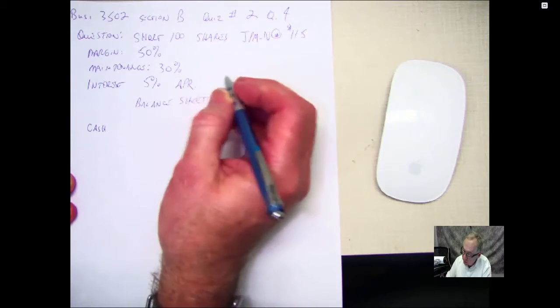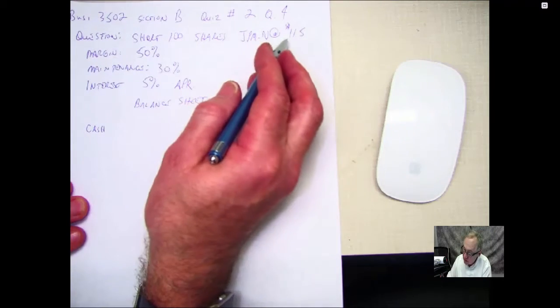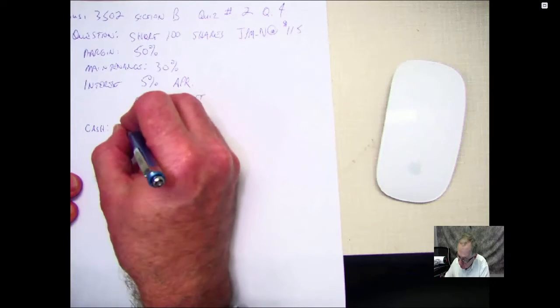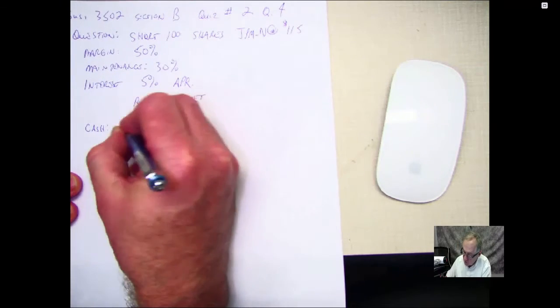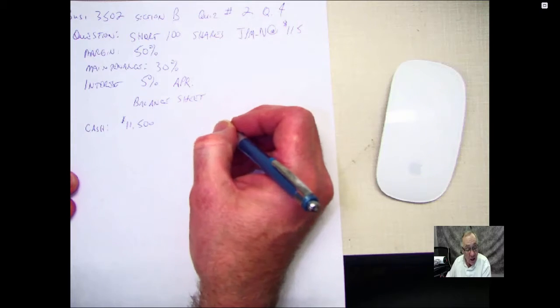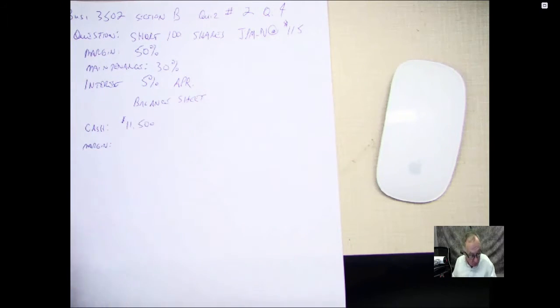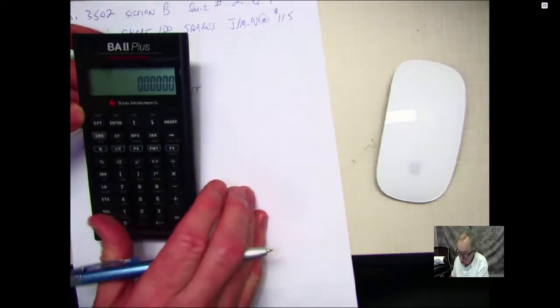As we short 100 shares at $115, the buyer deposits cash to our account, $11,500. And we have to put in the margin requirement of 50% on the margin position.